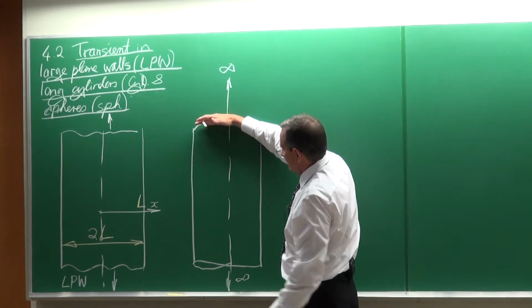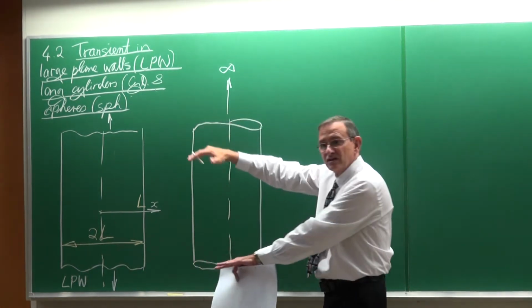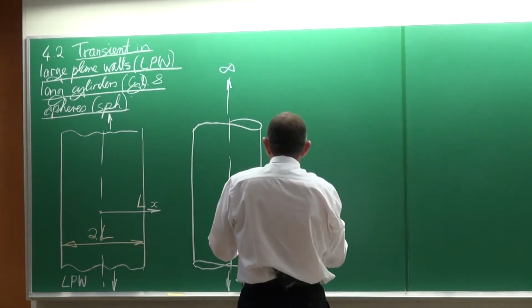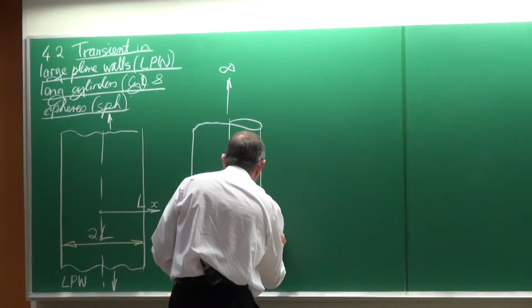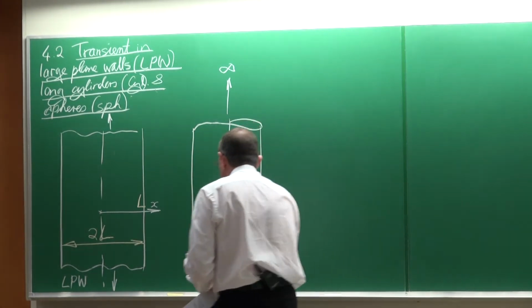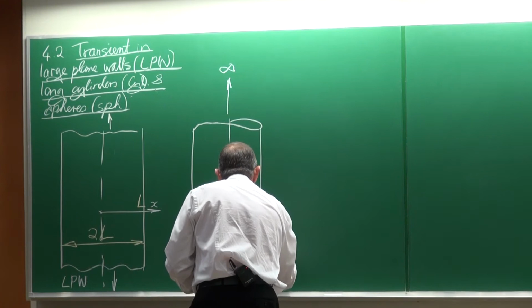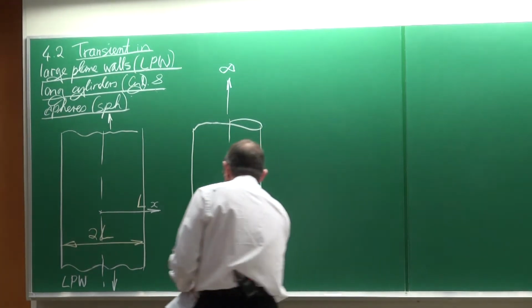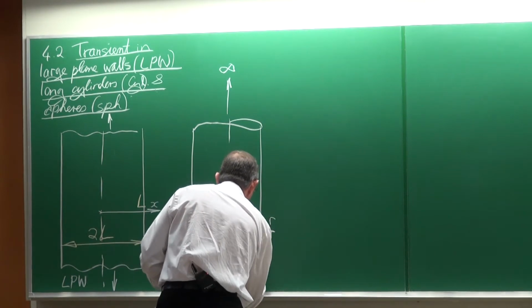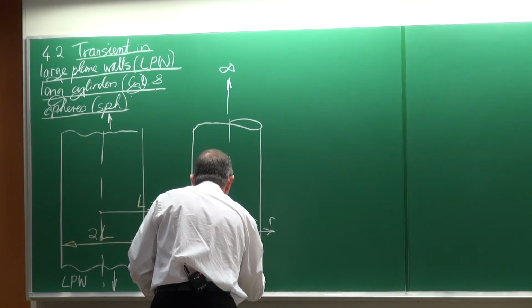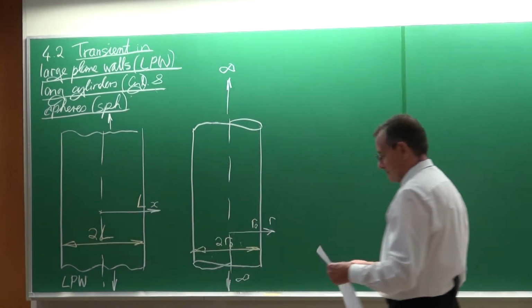So the heat transfer on this surface and the heat transfer on that surface is negligible in comparison with the rest. And again, in terms of the coordinate system, it will be solved as a function of r, and this distance from the center line to the outside surface is equal to r0, and the result is that that distance there is 2 times r0, like that.